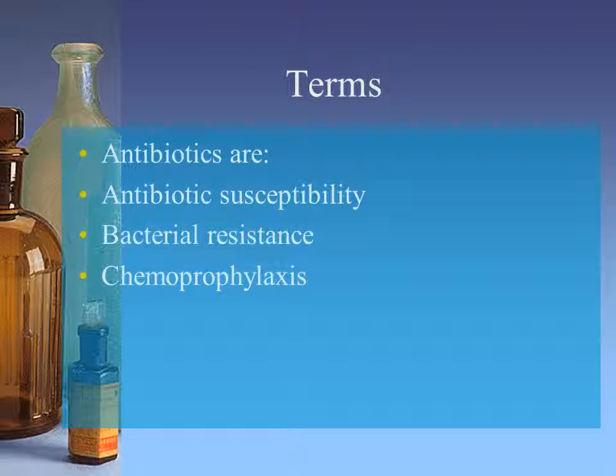Usually we give them a dose during the procedure, and sometimes if we're really concerned, we also might follow up with a dose after the procedure. Some of you may actually do this before you go and have dental work done. So that process is called chemoprophylaxis, and it's for those high-risk patients that we want to head off potential infection before it occurs.